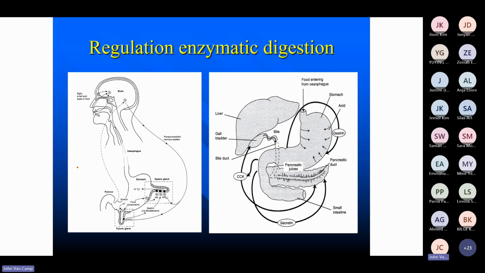Here you can see the interaction between different organs. In principle, when food is entering the small intestine, and the stomach in this case becomes empty, then the stomach is not needed anymore. So you can look at the composition of the foods and give a feedback that goes back into the stomach in order to stop the normal activity of the stomach.